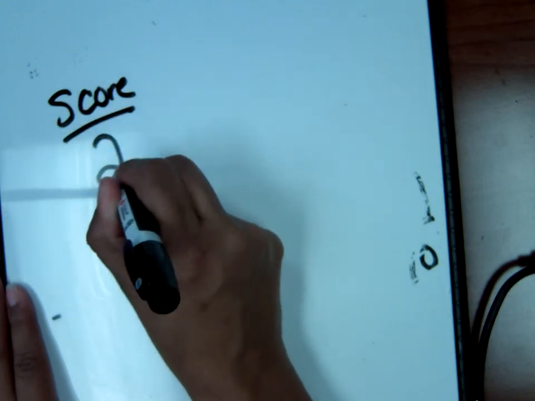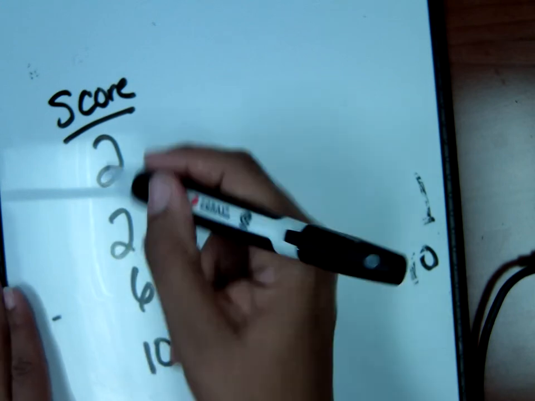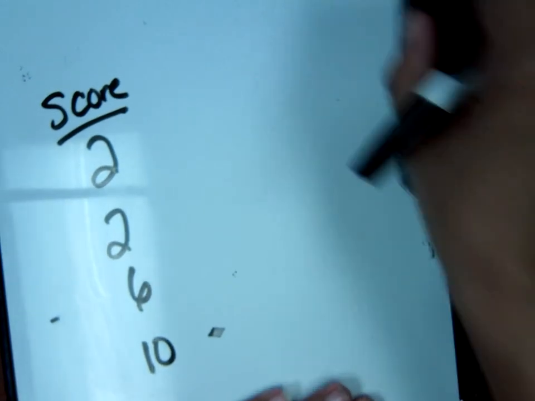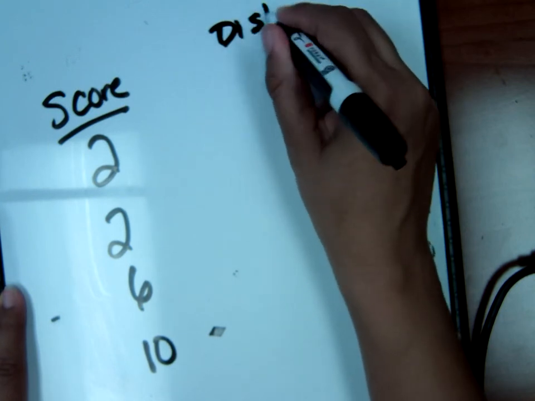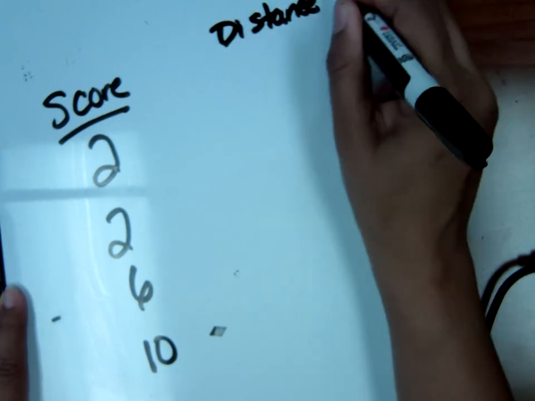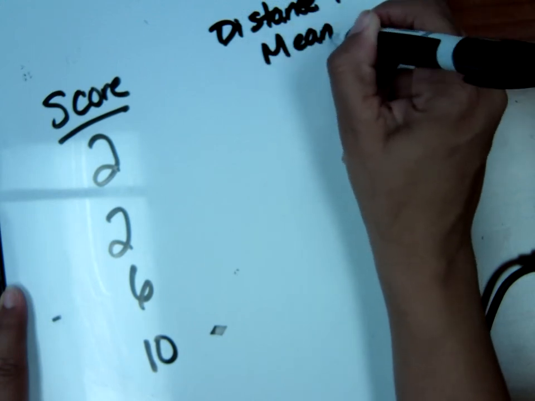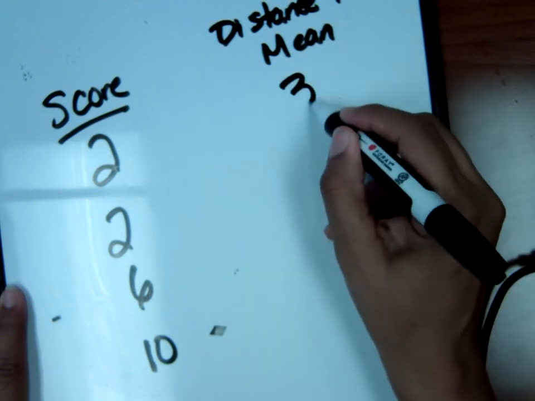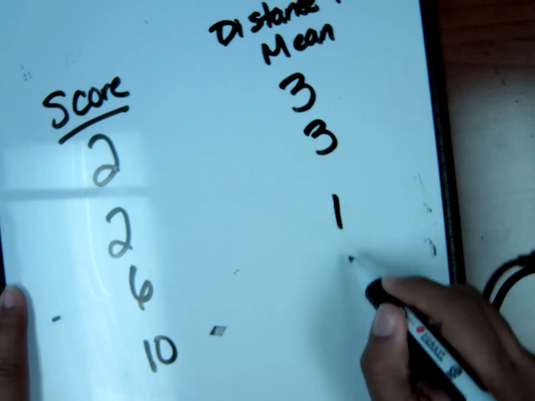I'm talking about 2, 2, 6, and 10. x equals 2, x equals 2, x equals 6, and x equals 10. A little bit clearer. What's the distance from the mean? We already said that the mean was 5, so the distance of x equals 2 is going to be 3 points from the mean. Same thing here, 3, 1, and 5.